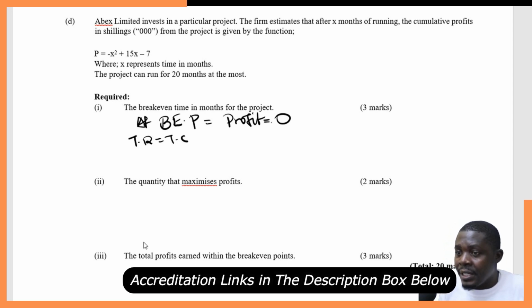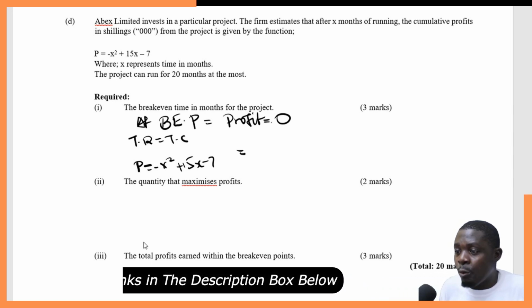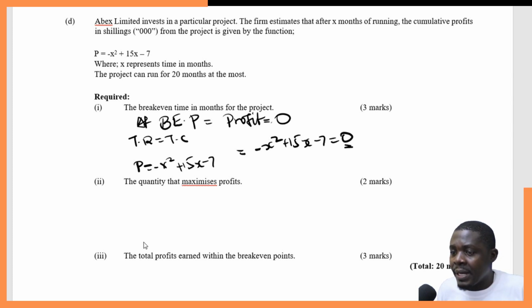Therefore, the profit function we have been given, negative x squared plus 15x minus 7, should be equated to 0. That's negative x squared plus 15x minus 7 is equal to 0. At a break-even point, the firm does not make a profit.